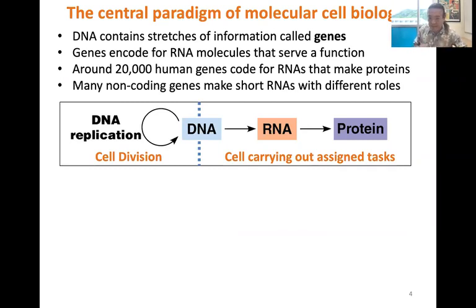So it makes sense then that studying this pathway of information is critical for understanding or appreciating how the cell carries out its functions. We have somewhere on the order of 20,000 to 30,000 genes. You might say, how come we're so bad at estimating how many genes we have?